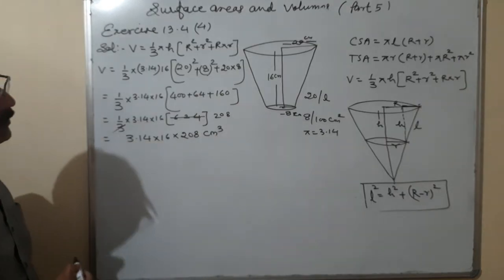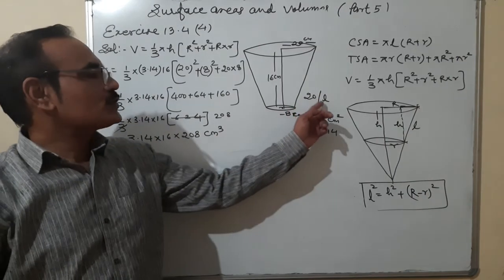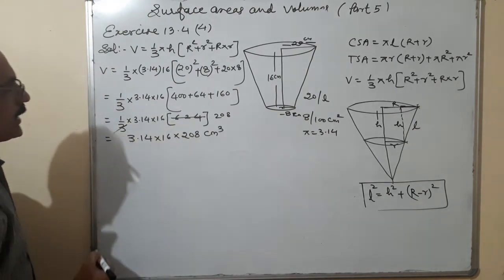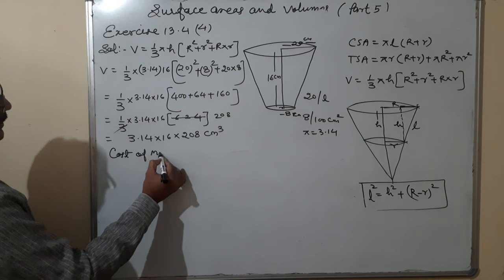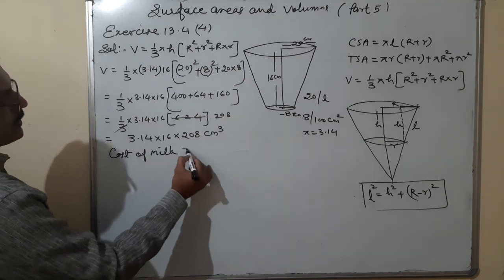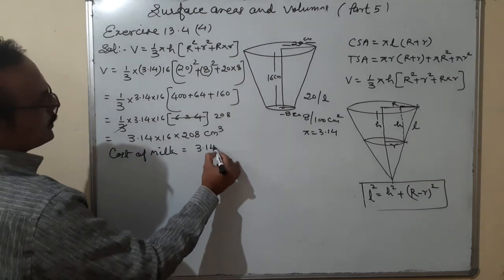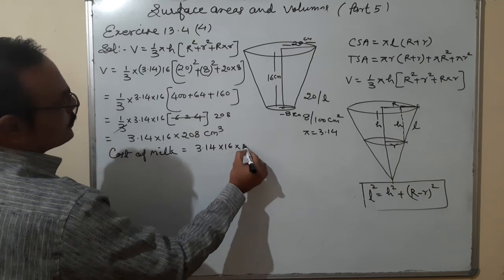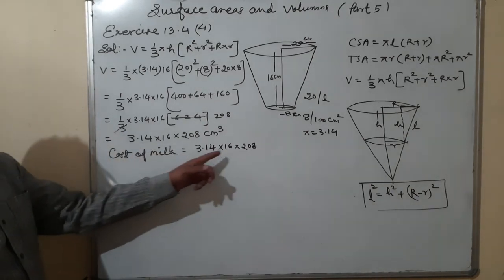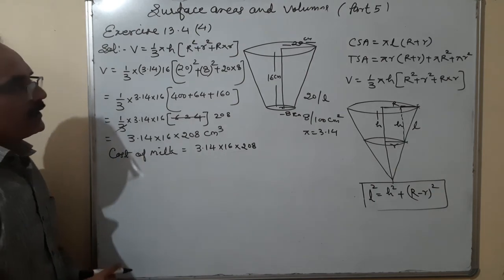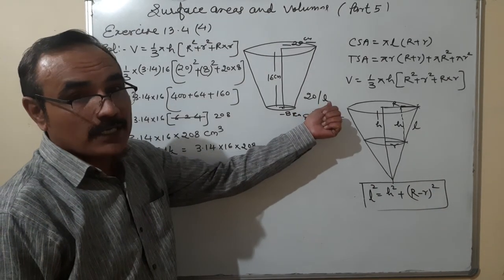It's a volume. Cost of the milk is rupees 20 per liter, so we are going to find the cost of milk. Cost of milk is equal to 3.14 into 16 into 208, which is in centimeter cube. It is given that 20 per liter.